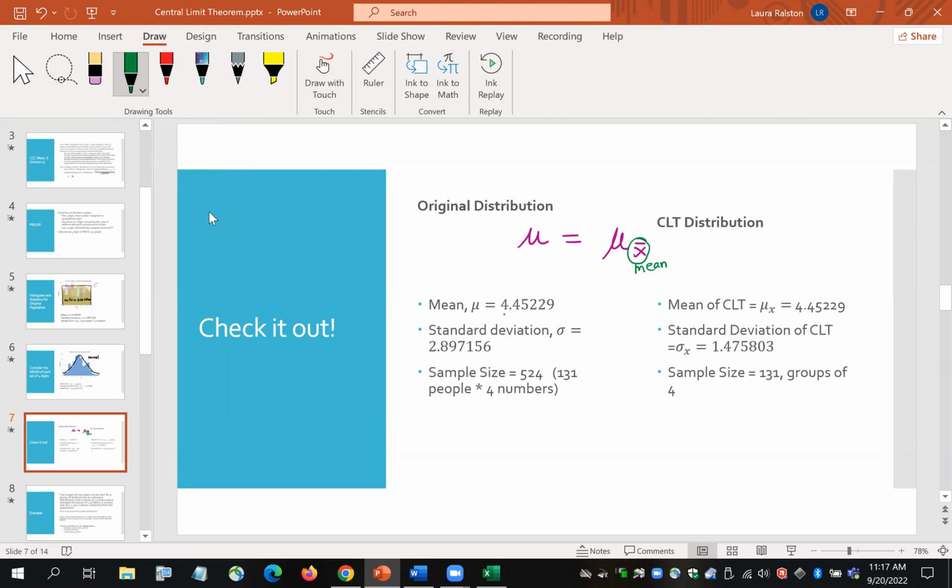Because look at this. In this example, the mean of the original was 4.45229, and the mean of the central limit theorem was also 4.45229. I just proved it to you that if you use the means with a sufficiently large n, the mean of the original and the mean of the central limit theorem are the same.